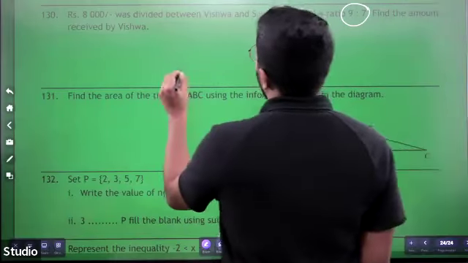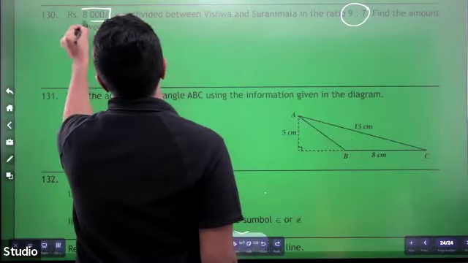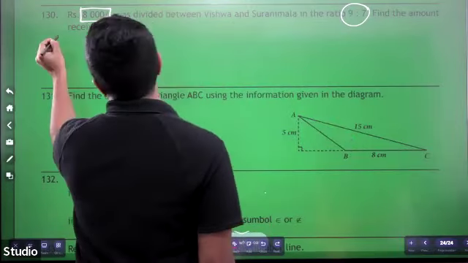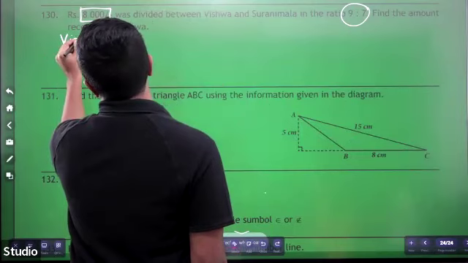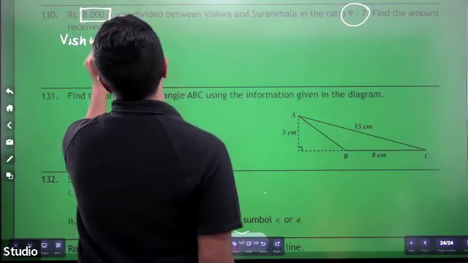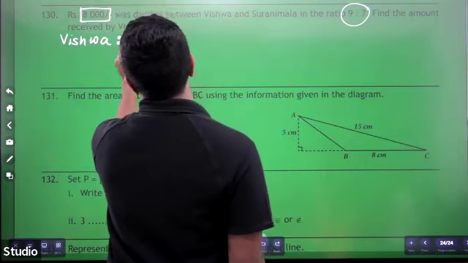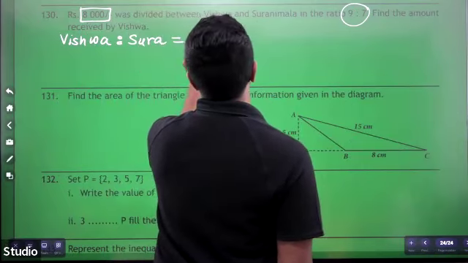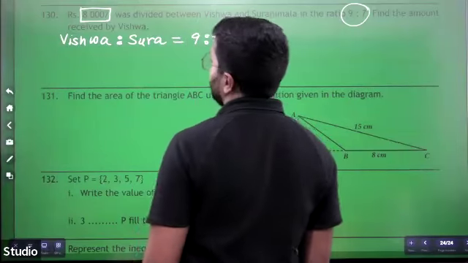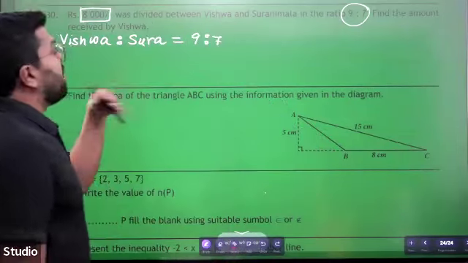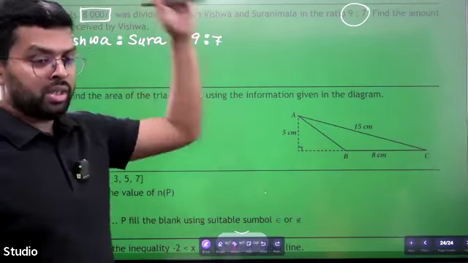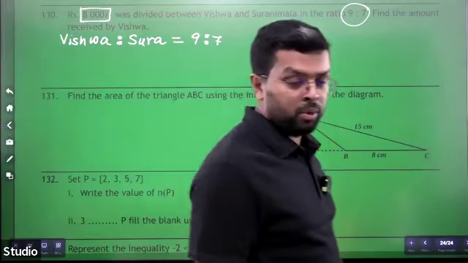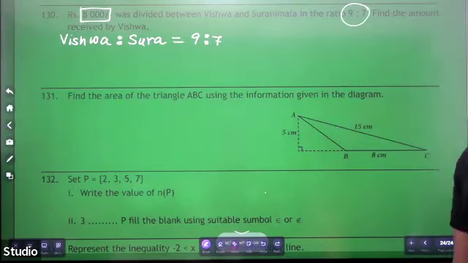So the amount 8,000 rupees will be divided between Vishwa and Suranimala into the ratio 9 to 7. What is the amount received by Vishwa? That is what he is asking. Give a try and send your answers.